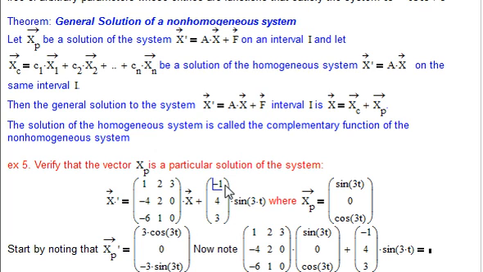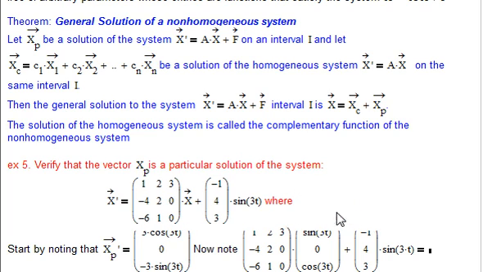In other words, this is negative sine of 3t, this is 4 sine of 3t, and this is 3 sine of 3t, because this is just a constant multiplier. And so let's see if xp is a solution, where xp is this 3 by 1 vector, sine of 3t, 0, and cosine of 3t. So that's what we got to check.